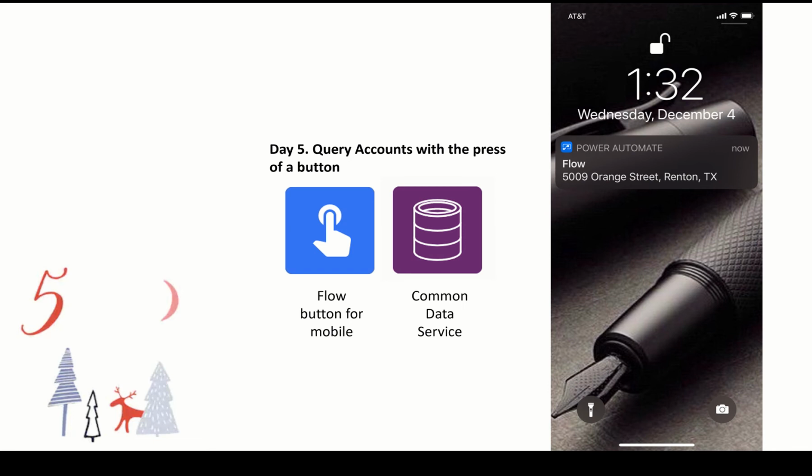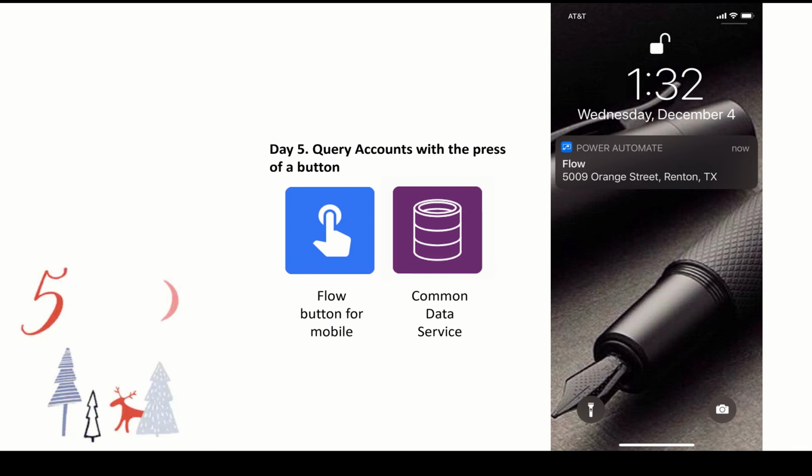And then it's going to take that question and push it into the flow as a query string. So that now when it goes and looks for that record, it will use the value that you gave it in the button.